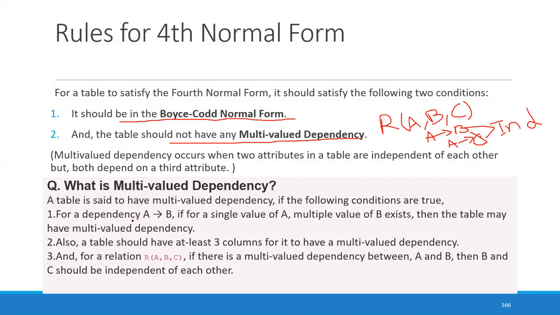For a dependency A to B, for a single value of A, multiple values of B exist. Also, the table should have at least 3 columns.